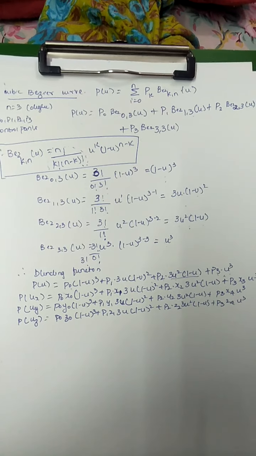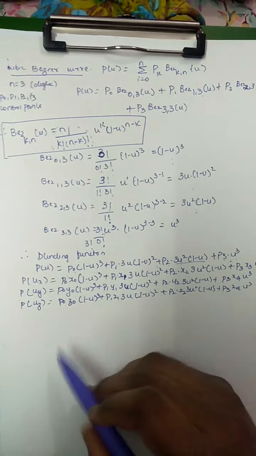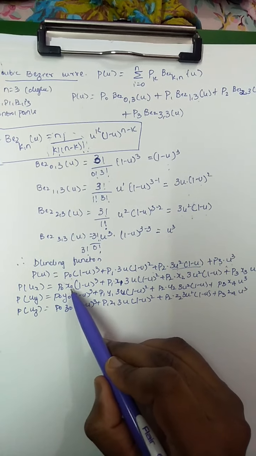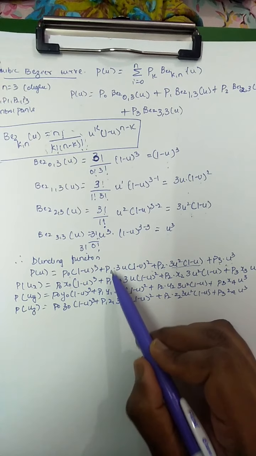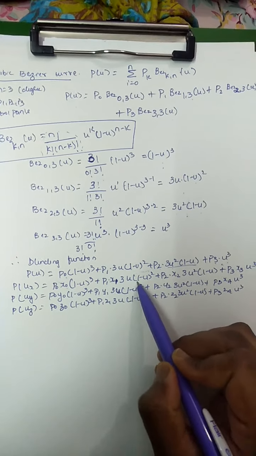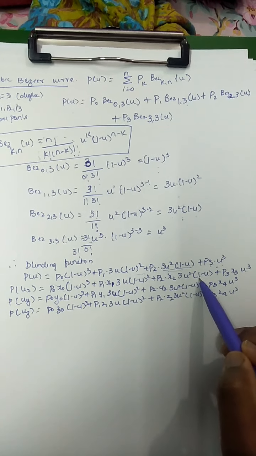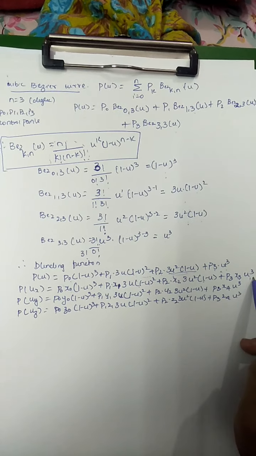If I want to calculate the coordinates with respect to x, y and z separately, I have to calculate P0 into X0, retaining the blending function as it is, and P1 into X1, P2 into X2, P3 into X3, retaining the u cube as it is.